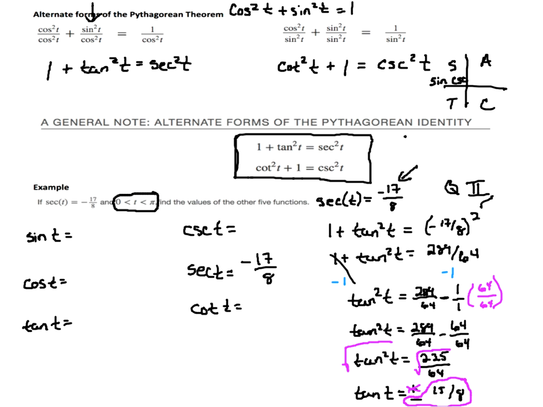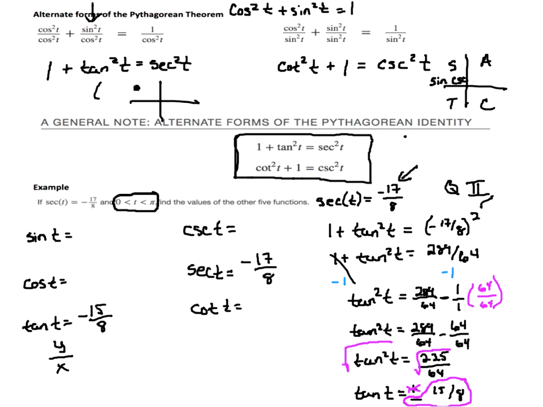Okay, before I start moving forward, I want to decide, is my numerator negative or my denominator negative? And actually, it might be easier to decide from the tangent. So we know that the tangent is negative 15/8. And don't forget, the tangent is y over x.